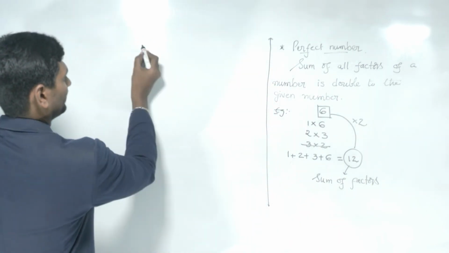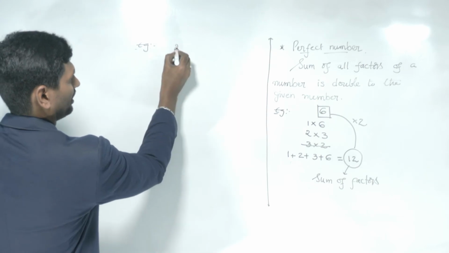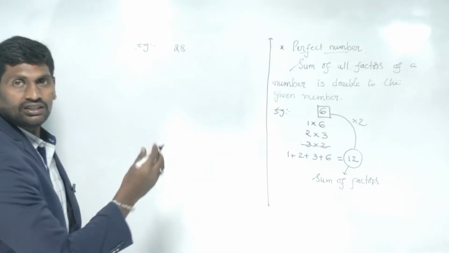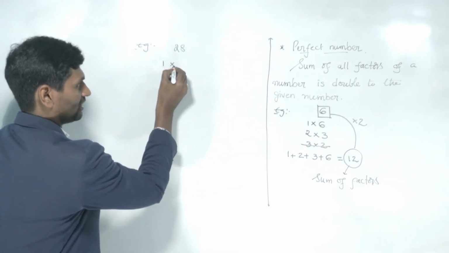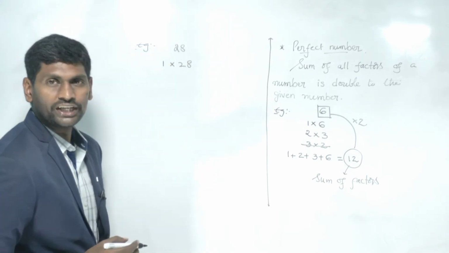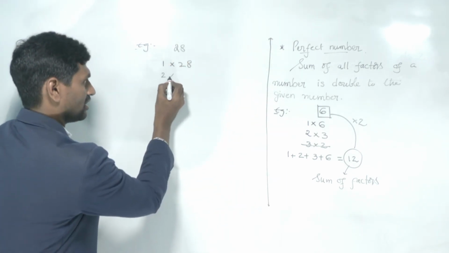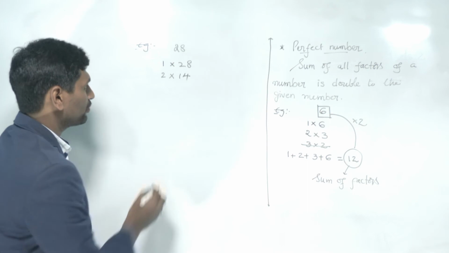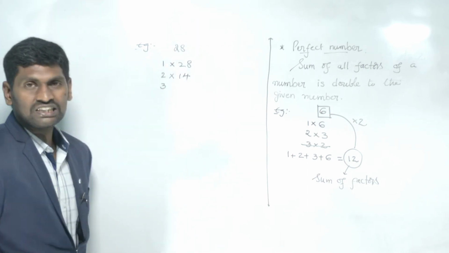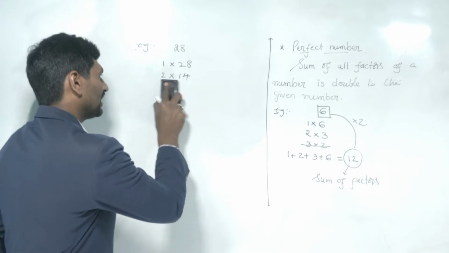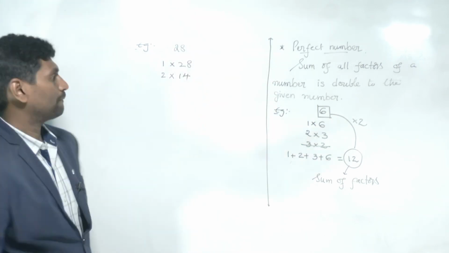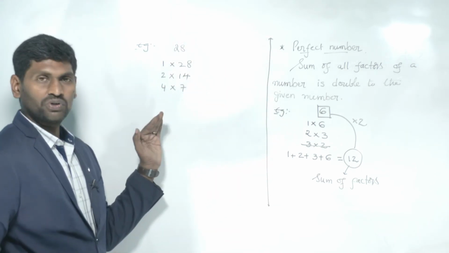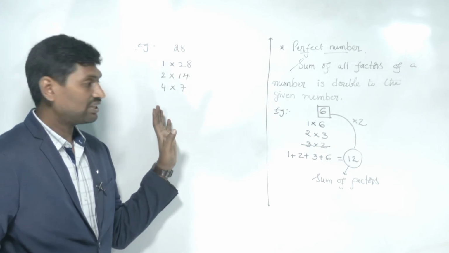Next, let us check for 28. 1 obviously. 1 table 28 times. 2 table, 28 how many times? 14 times. 2 14s are 28. 3 table is not coming. 3 9s 27, so it is not coming. 4 table, 4 7s 28. 5 table won't come. 6 table not coming.